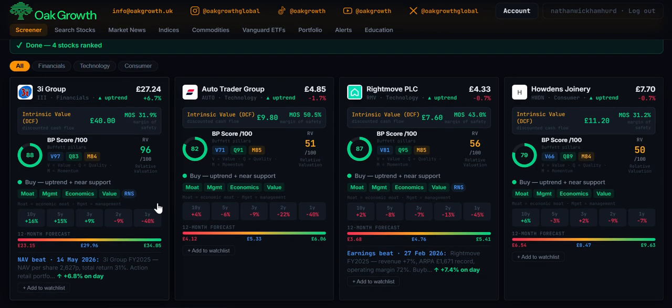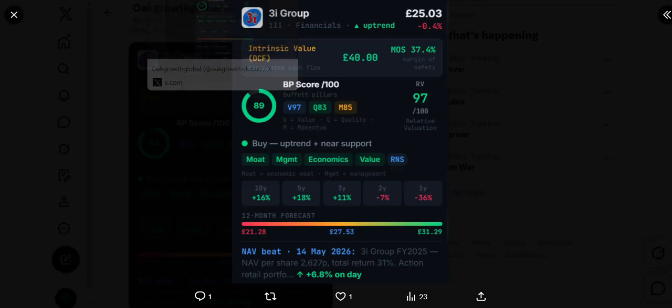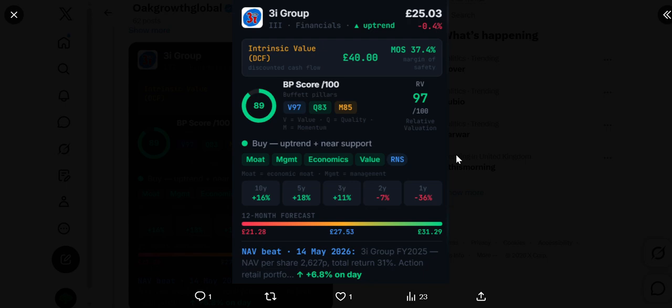We're going to do a bit of here's one I made earlier. So we're going to look at 3i Group, and here's a larger picture of the stock card. At a glance, you can see straight away the share price, and the next thing you want to look at is the intrinsic value.